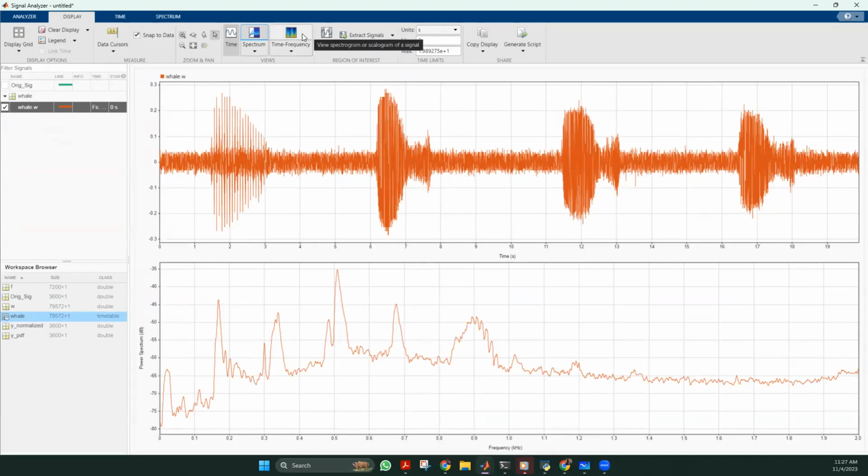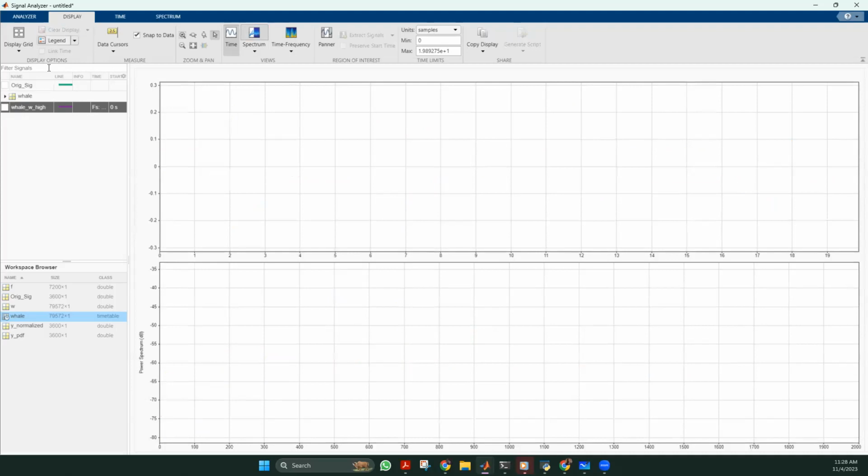If I want to do high pass filtering of this signal, I can first create a duplicate, and then I can rename it as high pass. Then I can clear this display first.